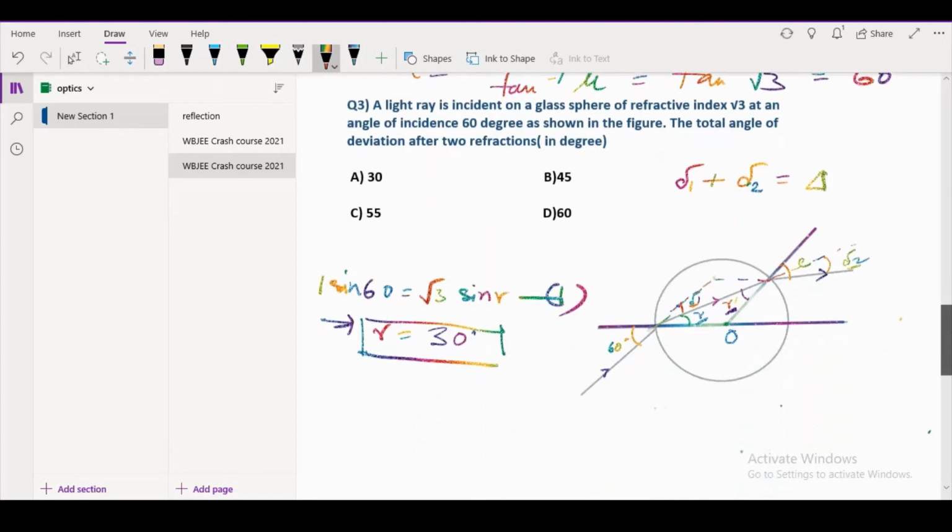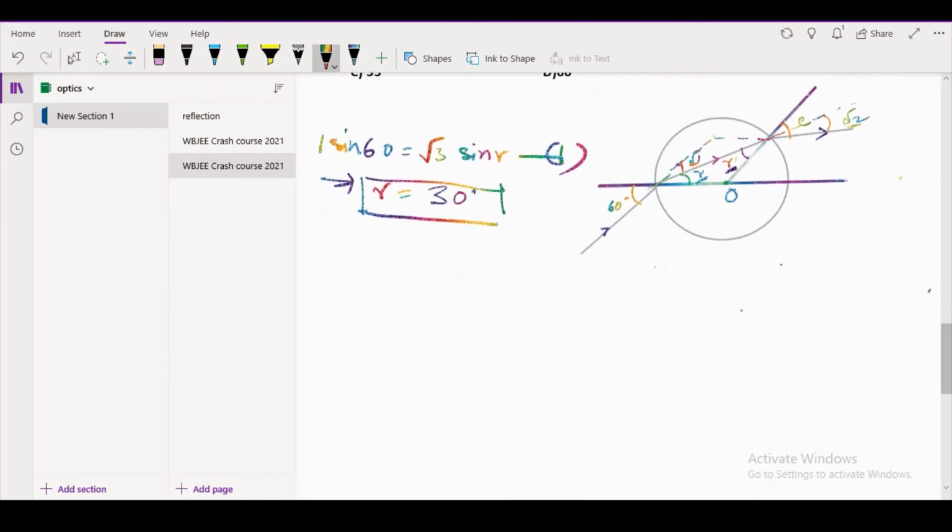Moving on to r dash. Here r dash becomes the angle of incidence, and the emergent ray, that is e, is the angle of refraction. Here the refraction occurs from the denser medium to the rarer medium, right?